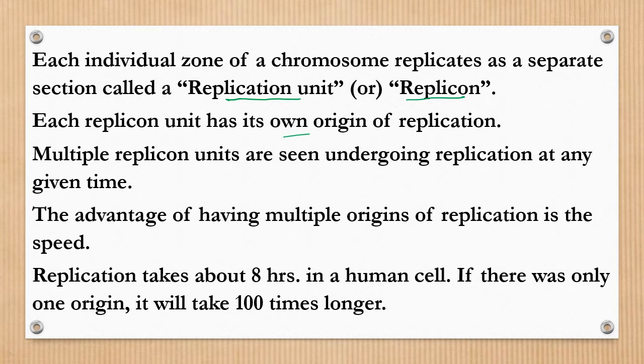Replication takes about 8 hours in a human cell. If there was only one origin, it would take 100 times longer to complete replication.